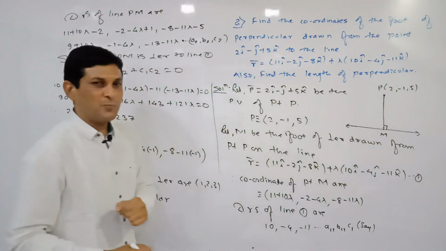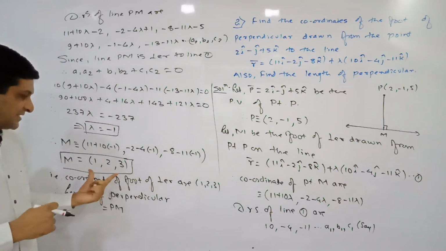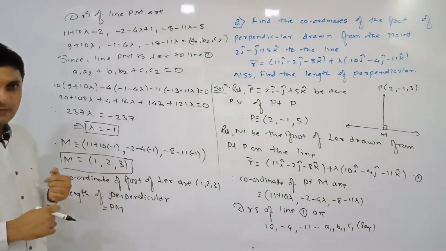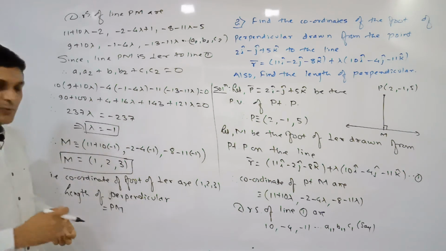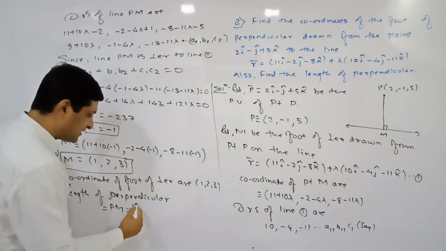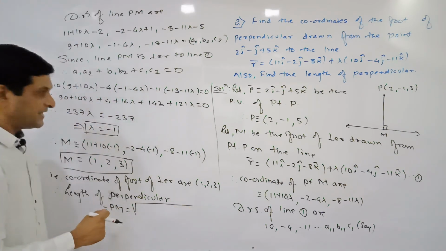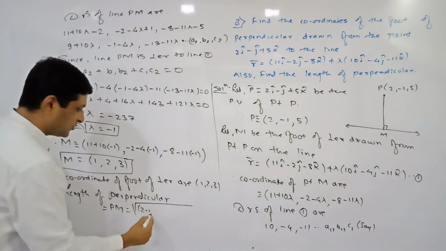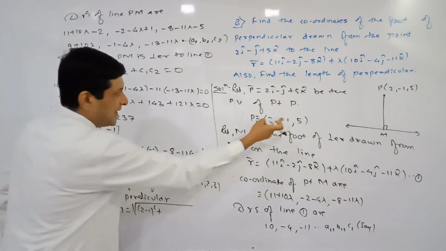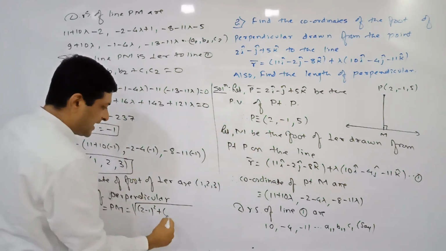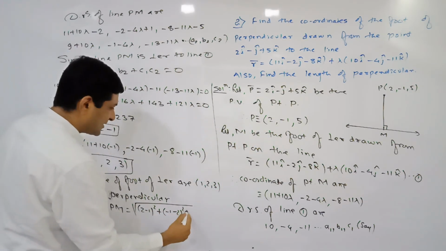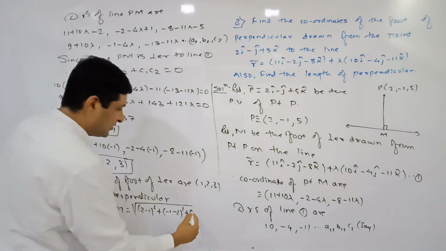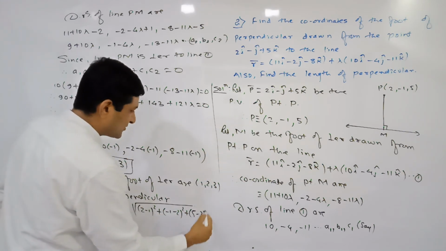Now the coordinates of point P are already given to us, and just now we have got the coordinates of point M. To find the distance between these two points, apply the distance formula, which is equal to under root, what we'll get here, x2 minus x1 means 2 minus 1, whole bracket square, plus y2 minus y1 means minus 1 minus 2, whole bracket square, plus 5 minus 3, whole bracket square.